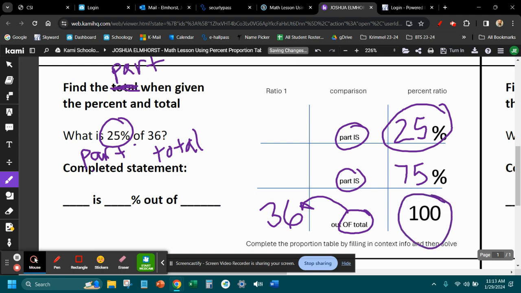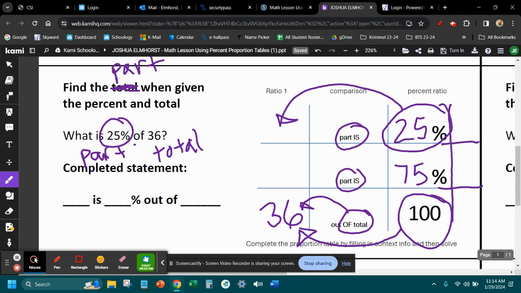So now we need to make this comparison where we go from 100 down to 36. Do we have an easy factor to go from 100 down to 36? Okay, so what if we simplify this ratio?